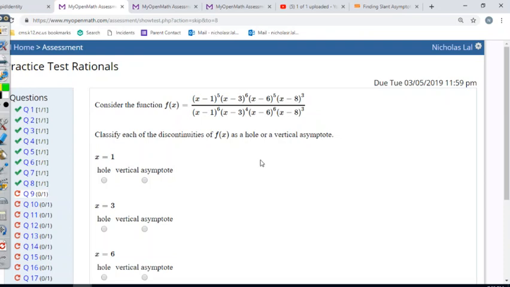X minus 1. That's x minus 1 times x minus 1 times x minus 1. It doesn't completely cancel out, so it's a vertical asymptote, because you have one more x minus 1 that doesn't cancel out.